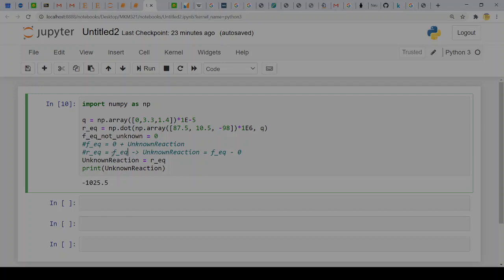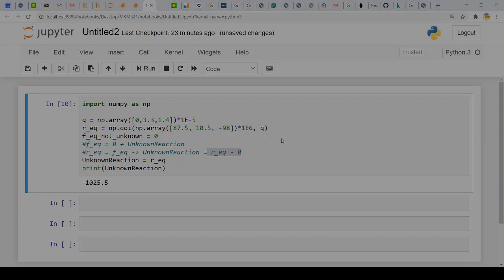We could solve for this knowing that the equilibrium equation must be equal to the right hand side, this force equation. So I can isolate that force equation. The unknown reaction F is essentially the equilibrium equation, which is this one, minus the 0, which comes from the right hand side of that force equation. Okay, so that's essentially that.